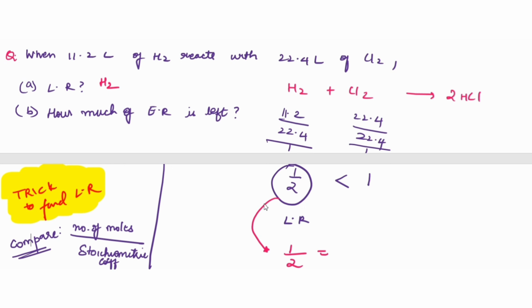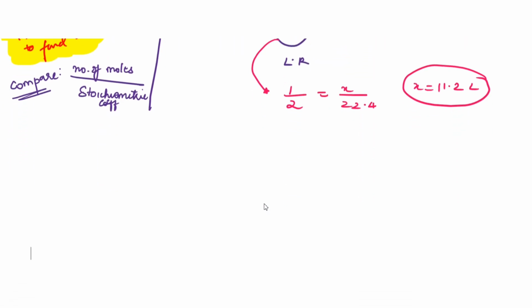Let's say x liters of chlorine reacts in the reaction, by 22.4 liters by the stoichiometric coefficient, which is 1. So we get half is equal to x by 22.4 liters, and x is equal to 11.2 liters. So this x is nothing but the volume of chlorine that gets consumed in the reaction. So how much chlorine is left? 22.4 liters minus this x, which gives us 11.2 liters. So this is the answer for the second subdivision.